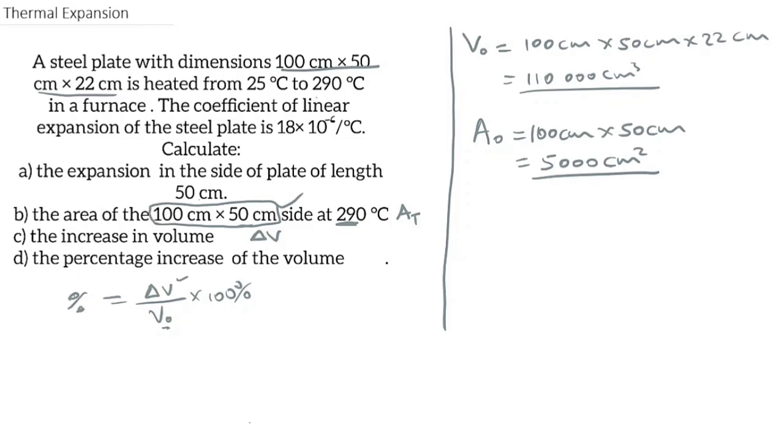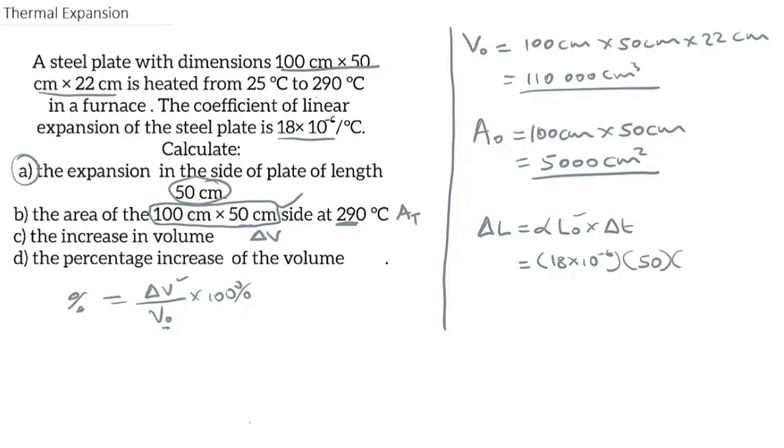Let us calculate the change in length in question number 1. The change in length is equal to the coefficient of linear expansion times the initial length times the change in temperature. The coefficient of linear expansion is 18 times 10 to exponent negative 6, the length is 50.